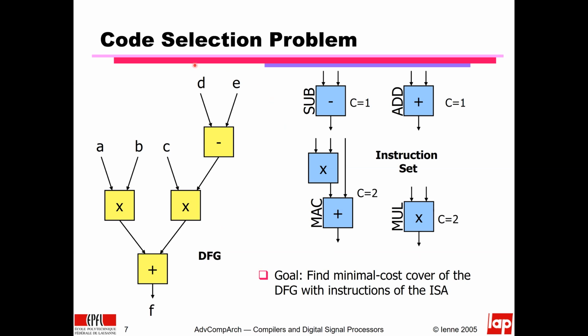The point is that you want to cover the DFG, you want to have every node of the DFG associated with one of these instruction sets, and you want to have this with a minimal cost. And each of these elements that you can use to cover has a cost.